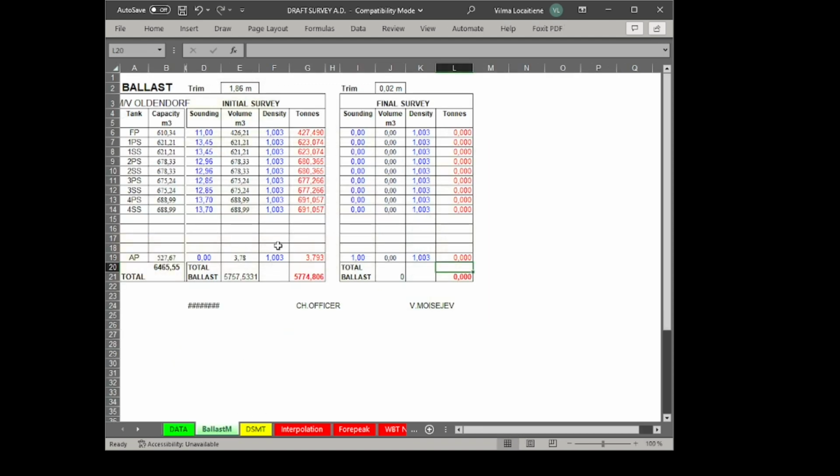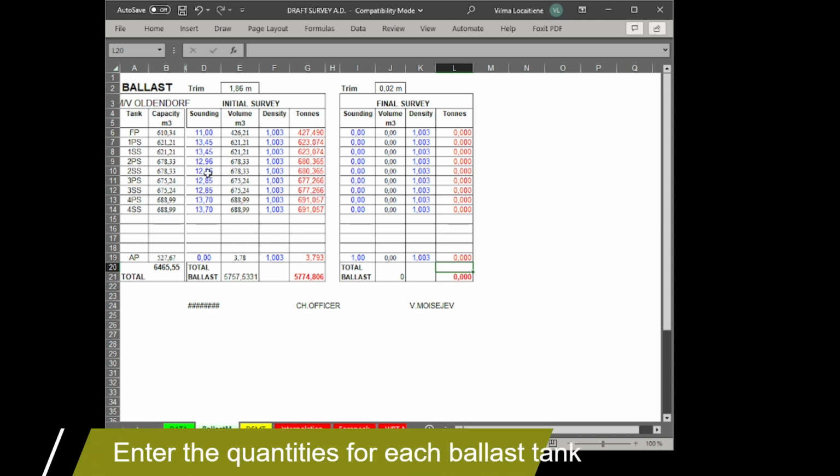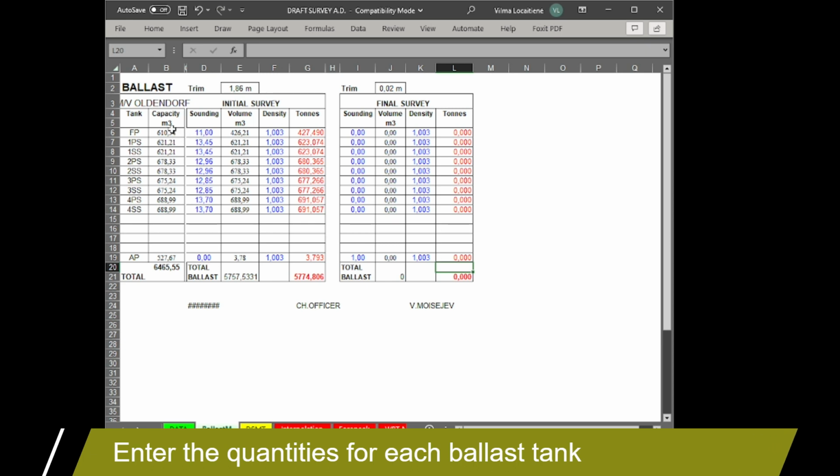In the next window, exact tables, there are already exact quantities in every tank.